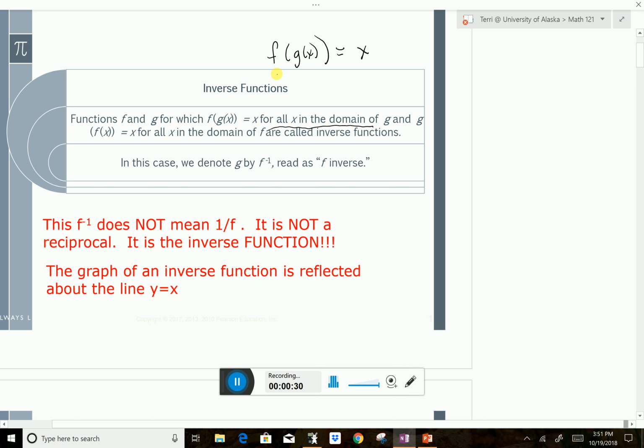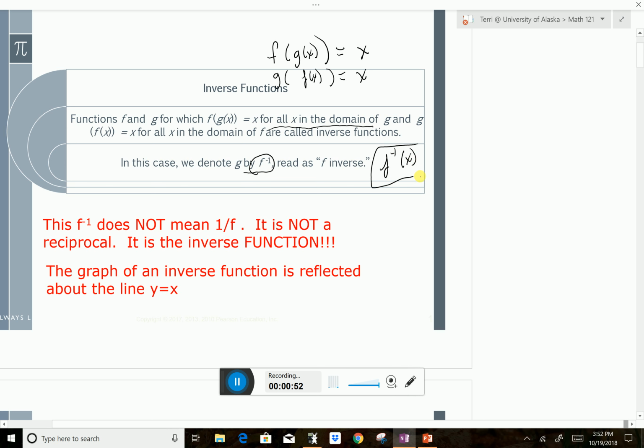And also, if I do it the other way, because usually we know that f of g is not equal to g of f, but that equals x also, then these things are called inverse functions. And then we usually denote it by f negative 1 of x.